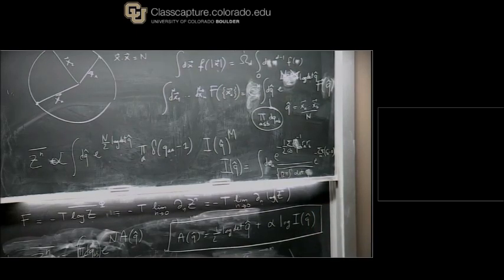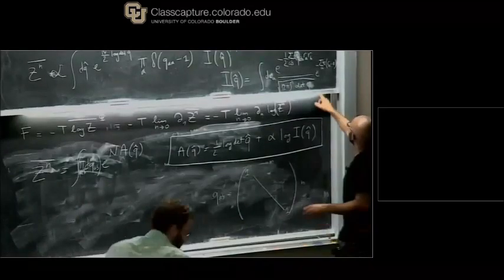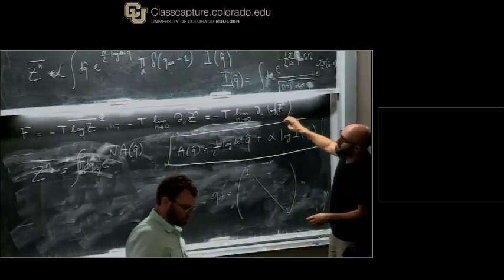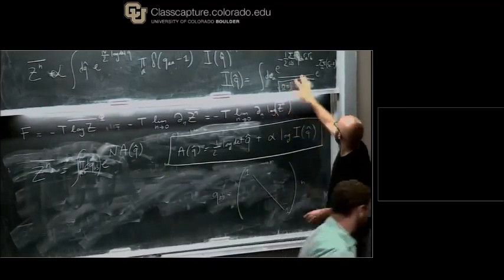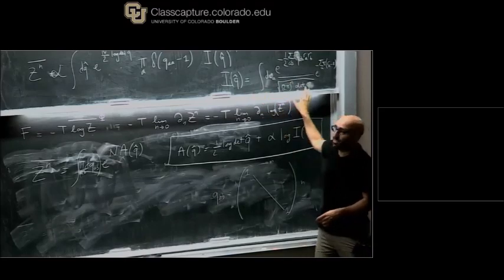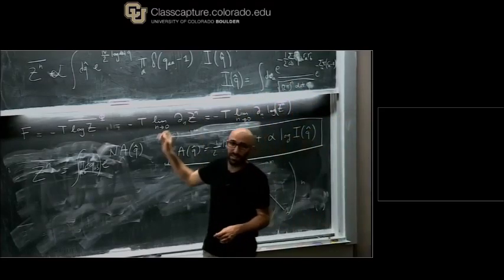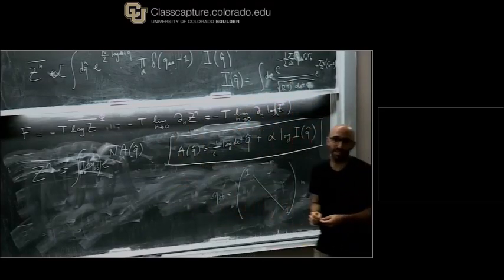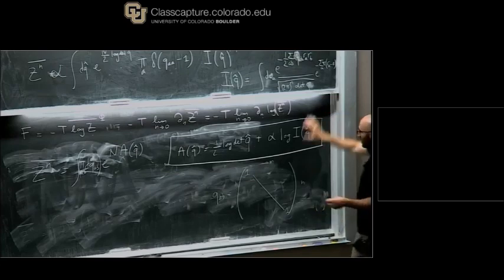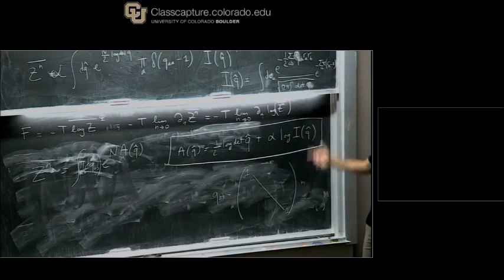Yes? What happened to the K? To the K, I just integrated them out. I erased it, but when you write I of Q, you realize that the K are Gaussian in the end. You can integrate them out explicitly. It's a Gaussian integration over the K, and they disappear.